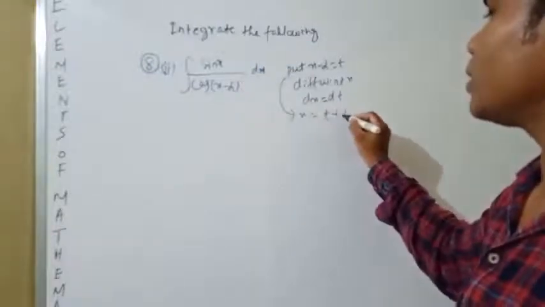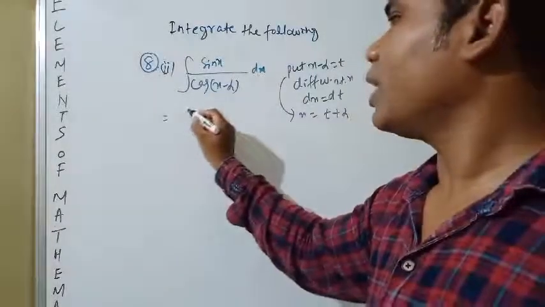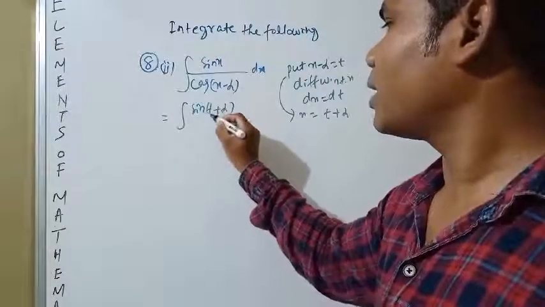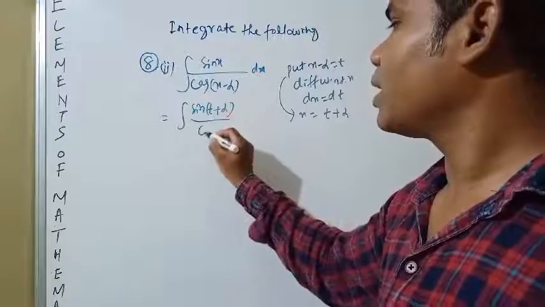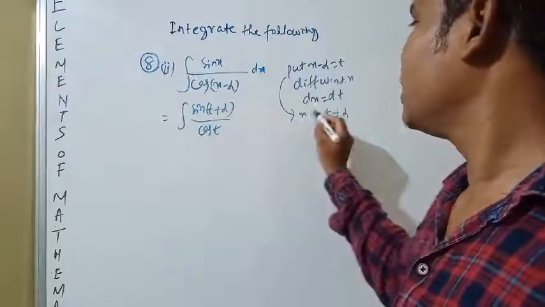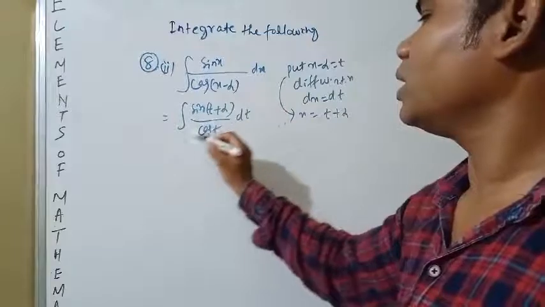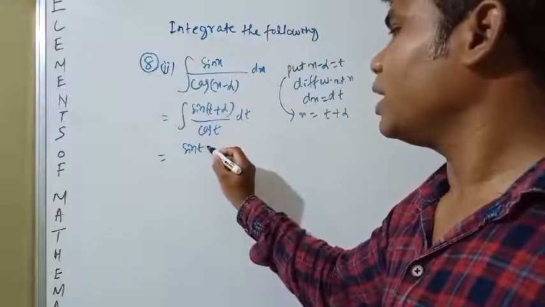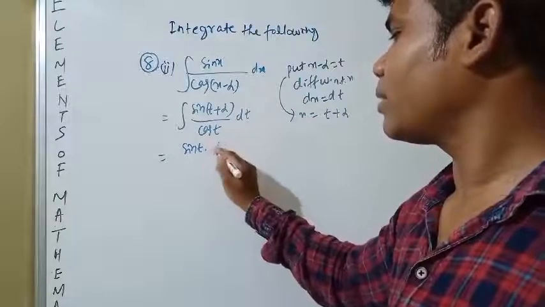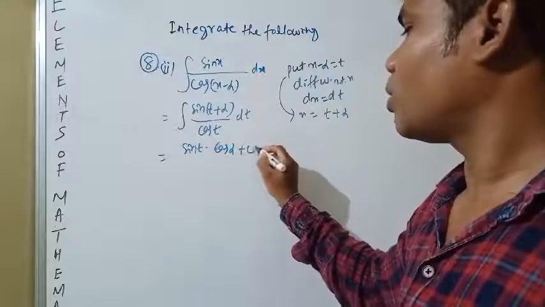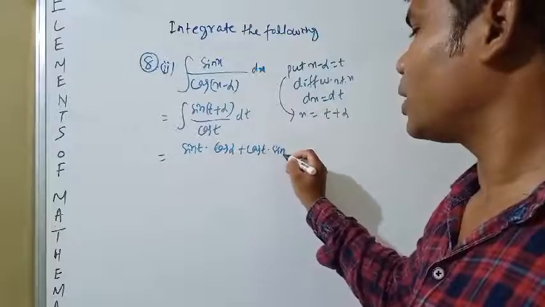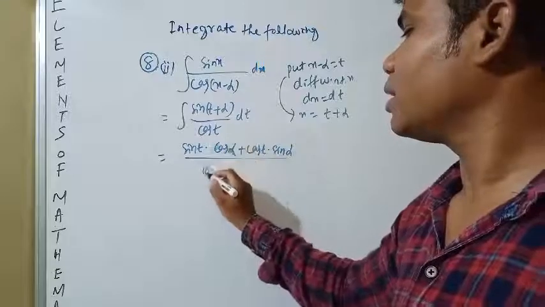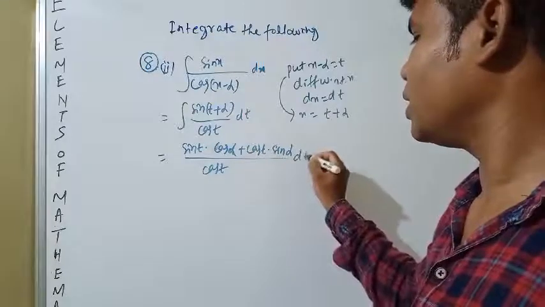Now you find x is equal to how much? x is equal to t plus alpha. You write here, integration of sin(t plus alpha) divide cos t. Here dx equal to dt. Sin(t plus alpha) is sin t into cos alpha plus cos t into sin alpha, divide cos t dt.